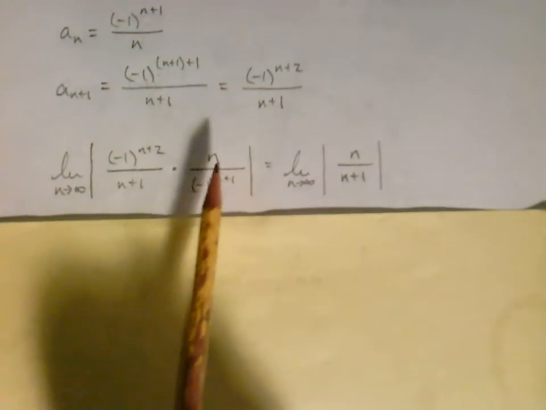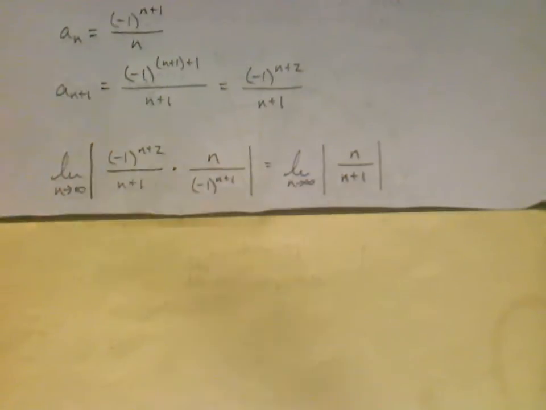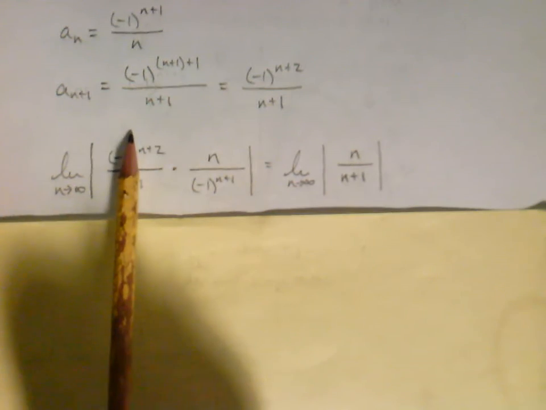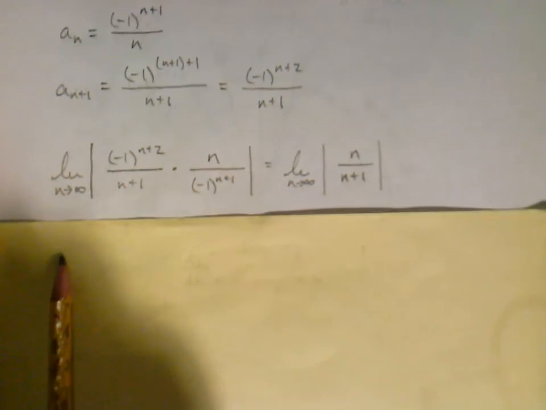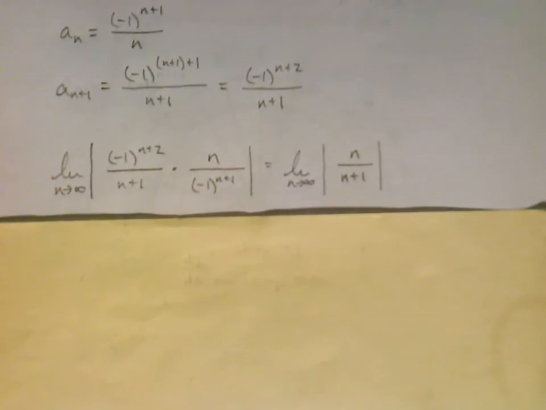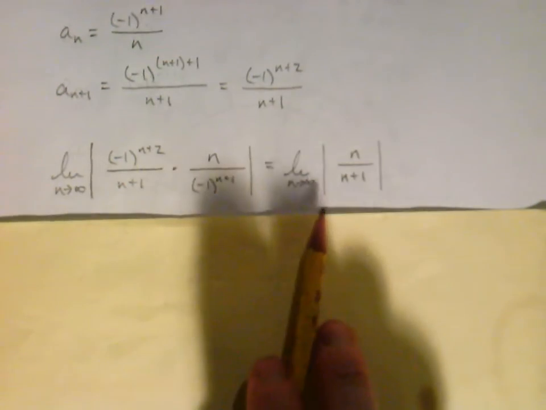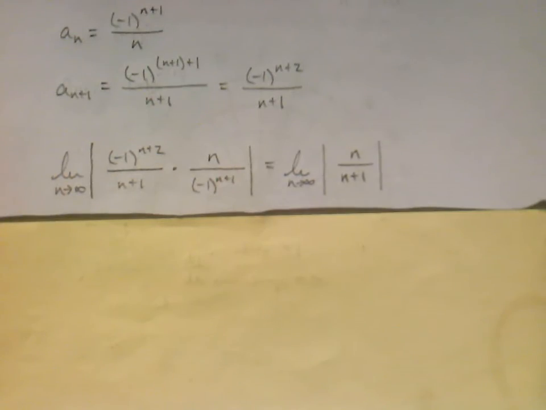When we take the absolute value, it's just going to make everything positive. So this is just 1 and 1, and I can write that as n over n plus 1. Limit as n goes to infinity, absolute value. I'll keep the absolute value symbols there, but I'll know that any negatives are just going to vanish. They're just annihilated, sort of thing.